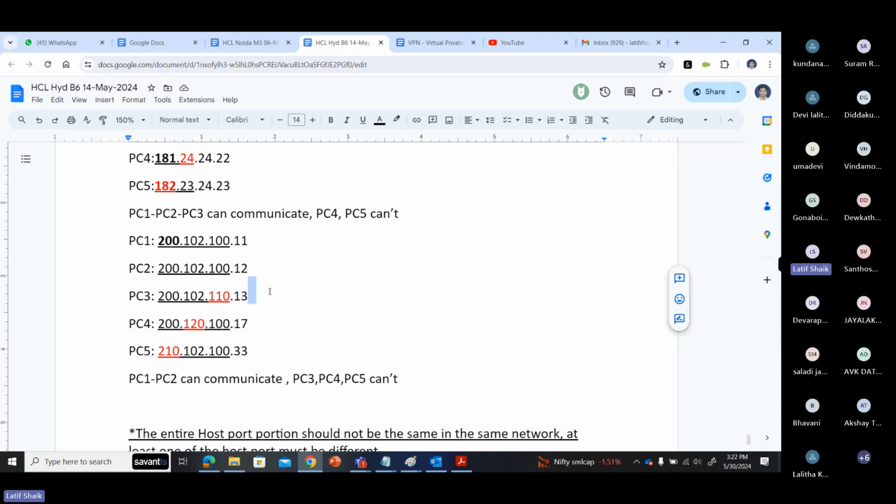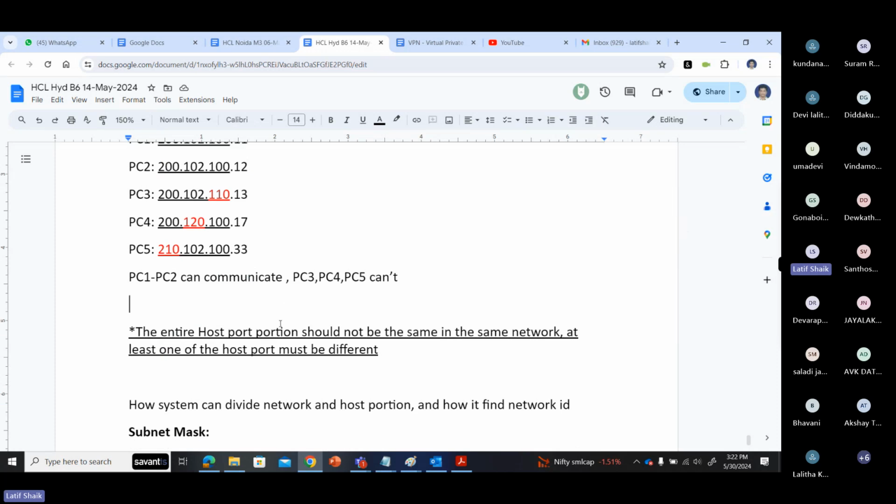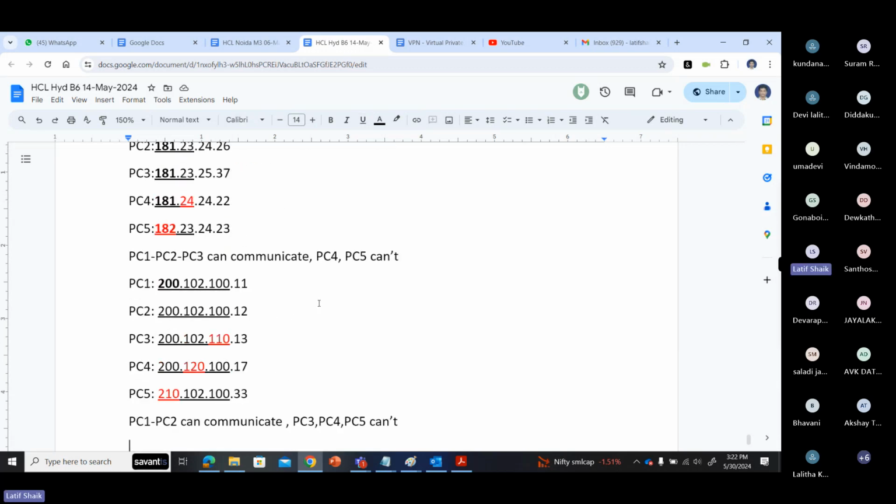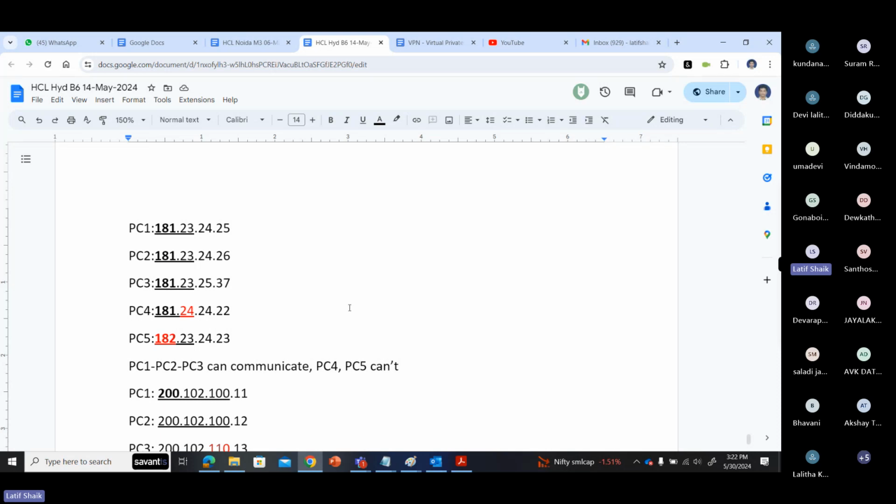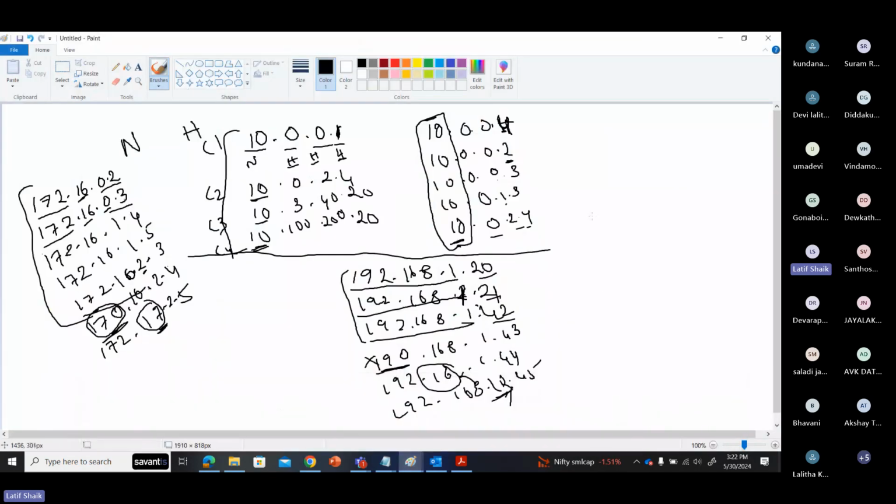They are not in the PC1, PC2 network. The entire host portion should not be the same in the same network. At least one of the host portions must be different. It is not required that the entire host portion is the same. So I told you that a conflict will be generated.